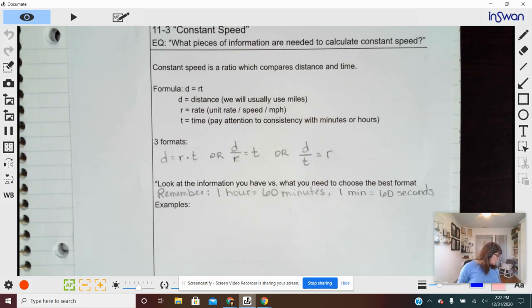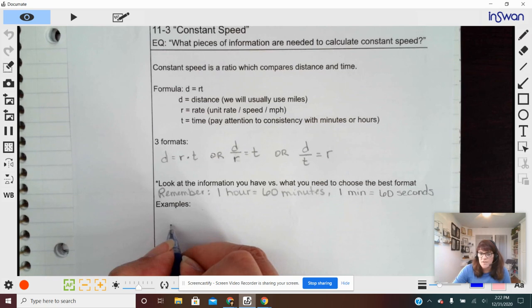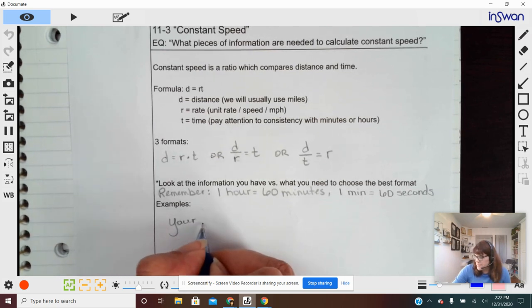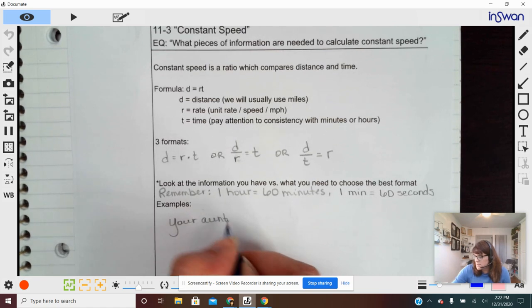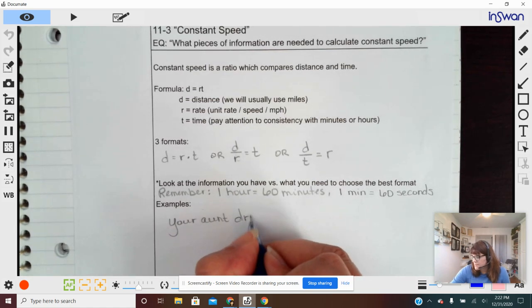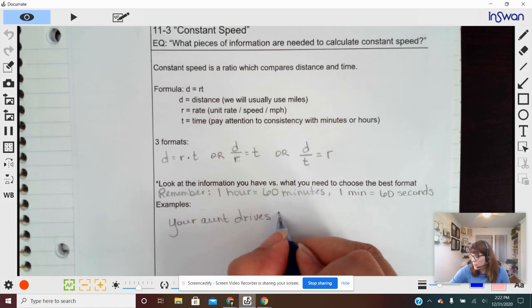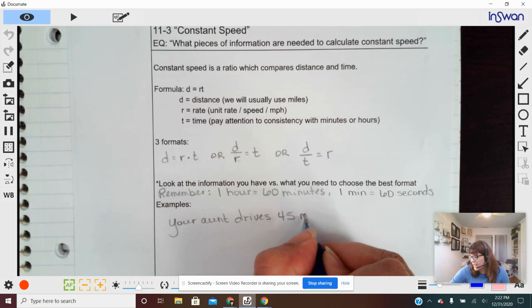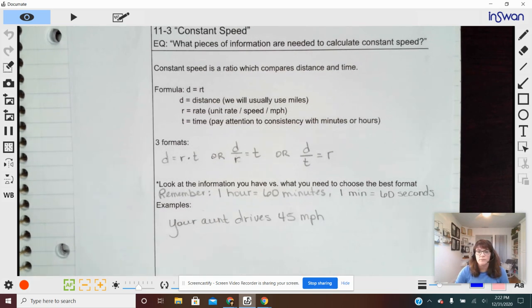So let's take a look at an idea. So the first example we're going to do is your aunt. Your aunt drives 45 miles per hour.